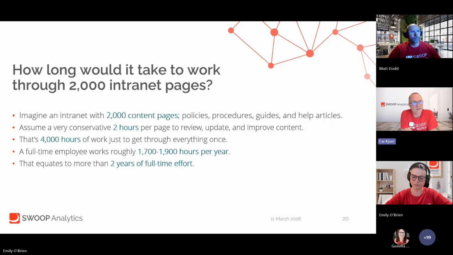A few said most of it, or more than half, but most said not all of it. So we did a little calculation: let's say we have 2,000 pages, and we spent a couple of hours on each page making sure it is high quality content, well written and all that. Well, that's just not going to happen. We're not going to spend 4,000 hours, which is 2 full-time equivalents. It's just not going to happen.